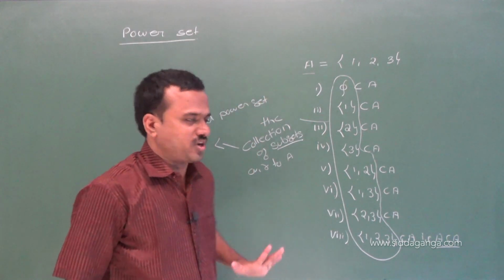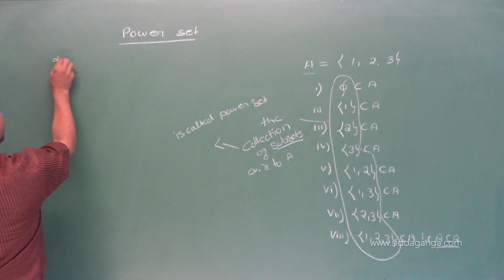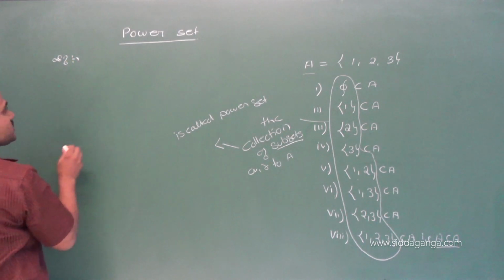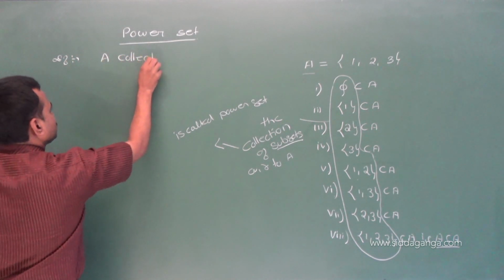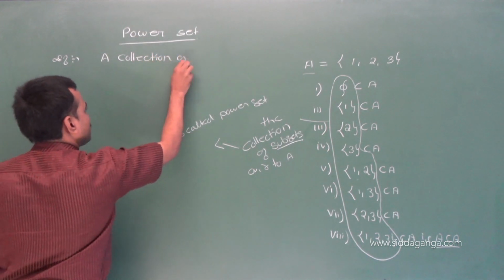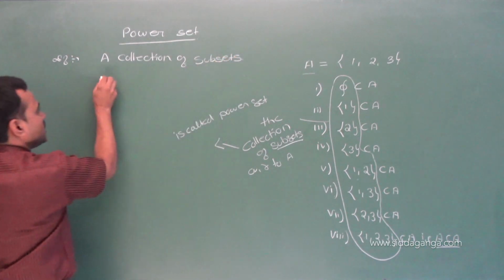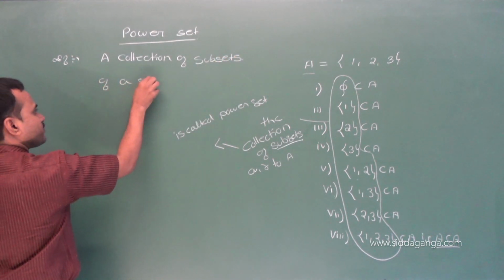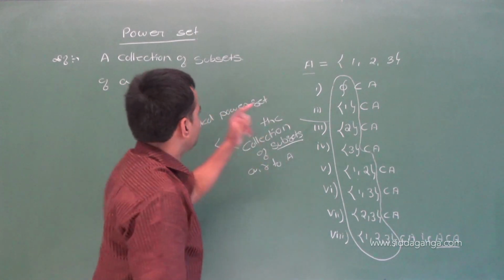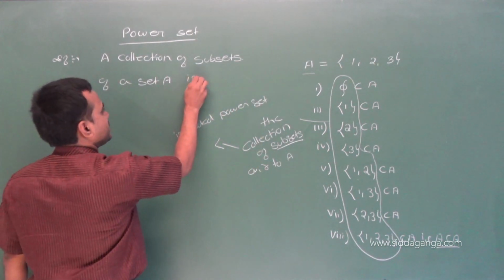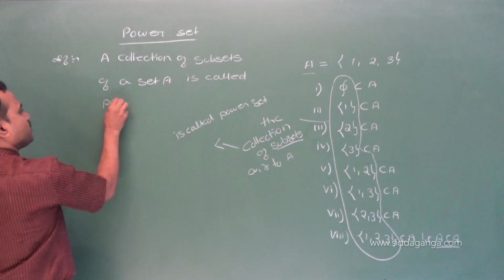So I think you understand. Power set means what? Now I give the definition. A collection of subsets of a set A is called the power set.